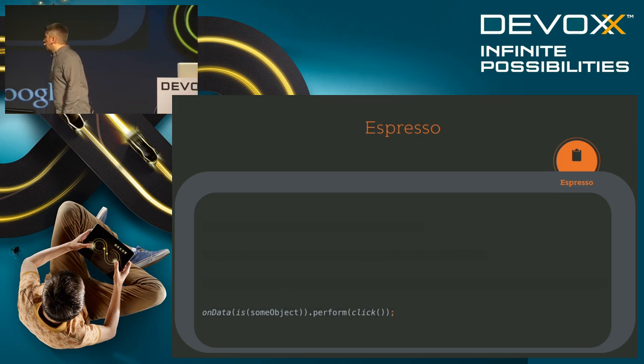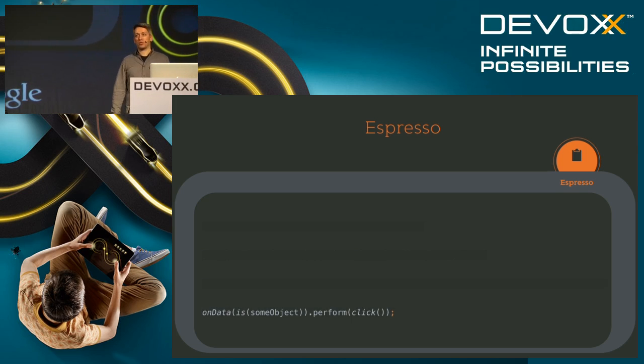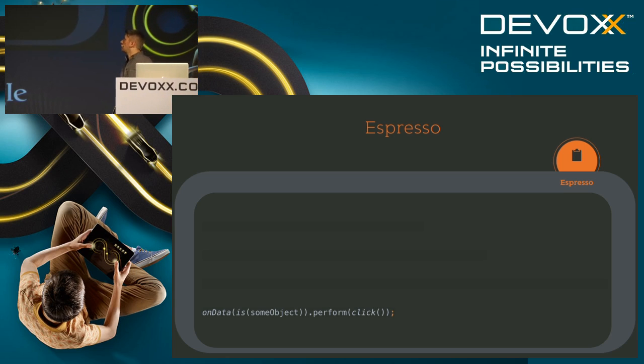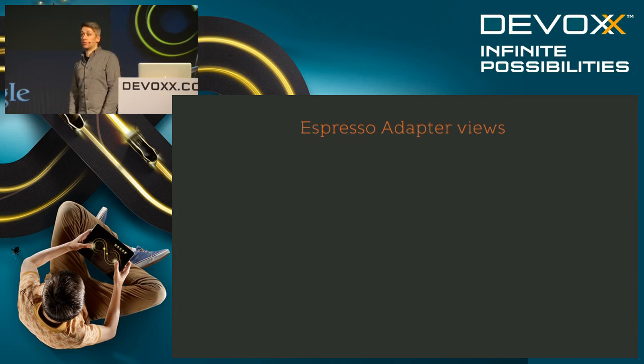And then the other one is onData. As said, if you have an adapter, you can say to Espresso, I want to work on a view that corresponds with a certain piece of data. So in that case, you can write onData is, for instance, a certain object, and again perform a click operation. So this was really very simple, very understandable code for your tests.